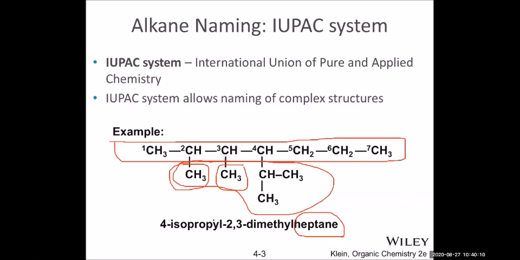Position 4 has a 3-carbon side chain, supposedly coming from propane. This is one of the propane-based branches, which we call isopropyl. So location 4 is followed by the name of this branch. It's a very straightforward system, but it takes some practice to get used to.